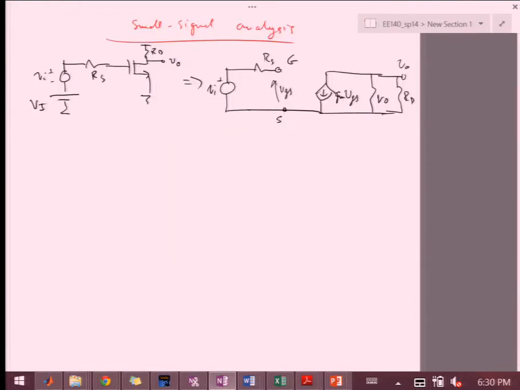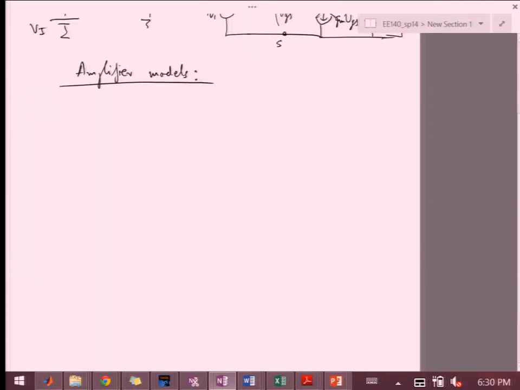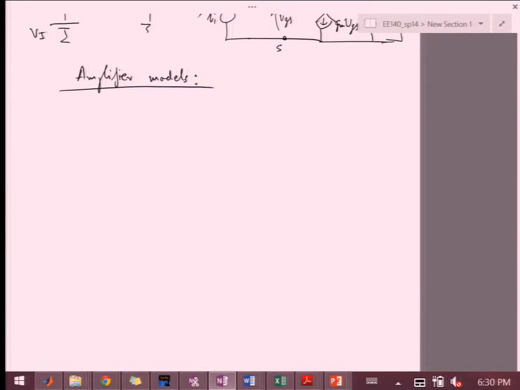Okay. So I'm going to try now to map this to equivalent amplifier models. And so let's define these amplifier models. It's getting close to the ideal amplifier, or the real but abstracted amplifier.